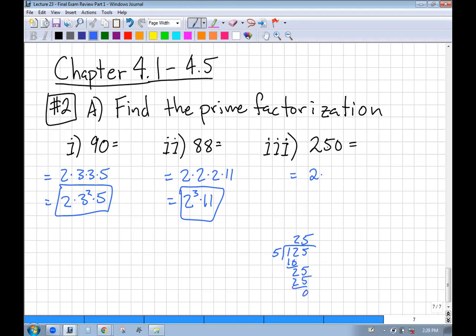So 250 is 2 times 125, and 125 is 5 times 25, and 25 is 5 times 5. Let's check our work. 25 times 5 is 125, times 2 is 250. I would rewrite this as 2 times 5 cubed.